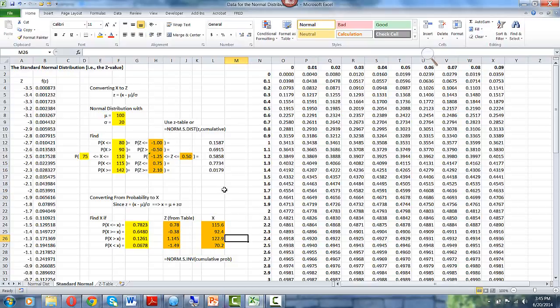Obviously it will matter whether you're starting from probability going to x, or starting with x and trying to go to probability. So really, I think the best thing to do is to draw that bell-shaped curve and then shade in what you're trying to find, and then go from there. If you have any questions, let me know.